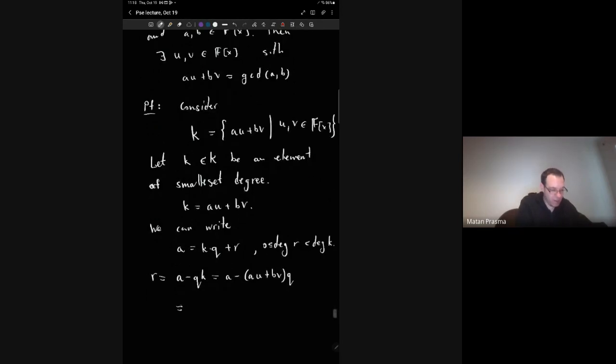And again, I can write it as A(1 minus QU) plus B(minus QB). And so I get again that R is in this set K. But R is of degree strictly smaller than K, and K is supposed to be the element of smallest positive degree, I should say.